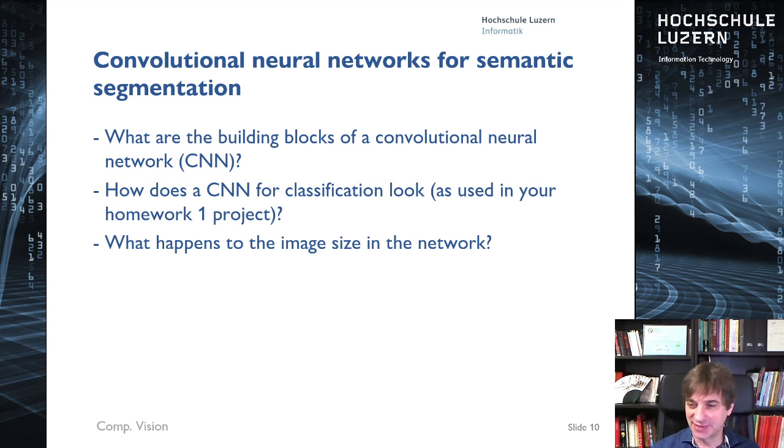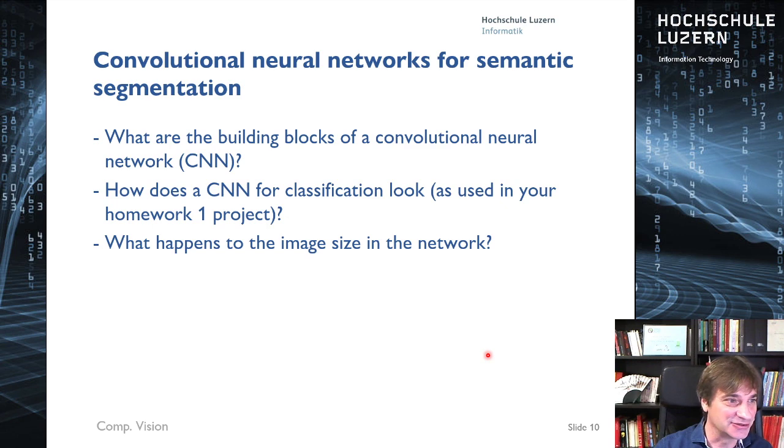Okay, so additionally you have pooling layers and probably some fully connected layers. Resolution reduction, exactly. So the images get smaller over time. So why do they get smaller?